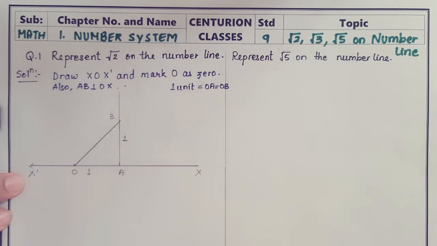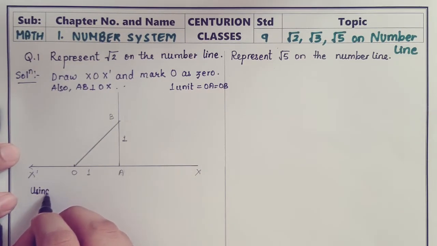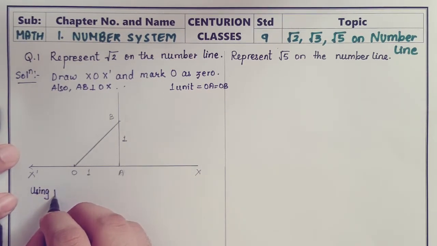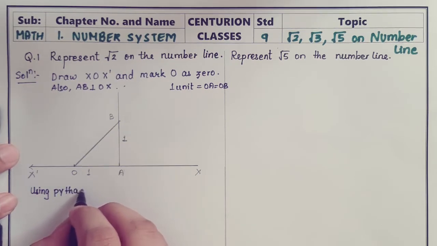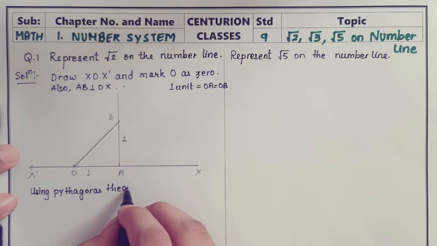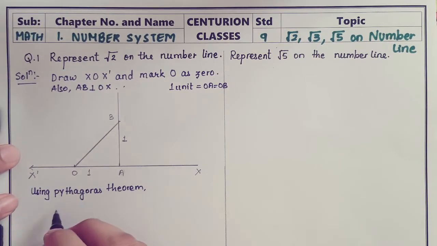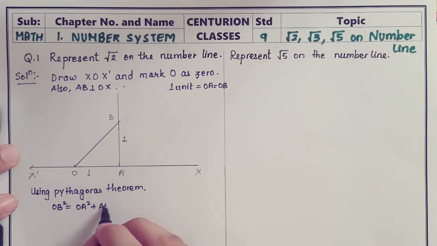So according to Pythagoras theorem, we can easily find OB. OB square is nothing but OA square plus AB square.